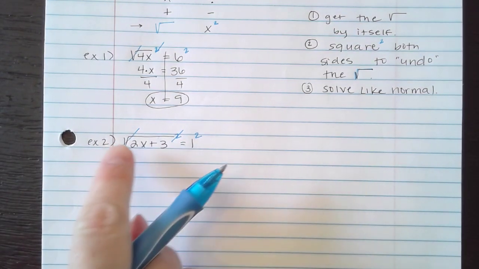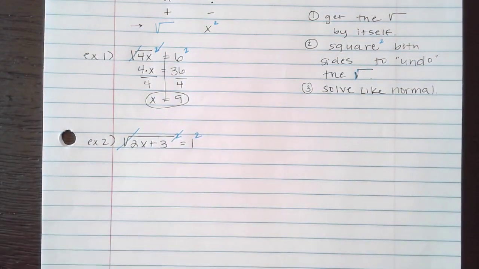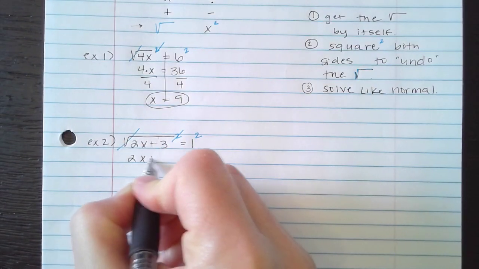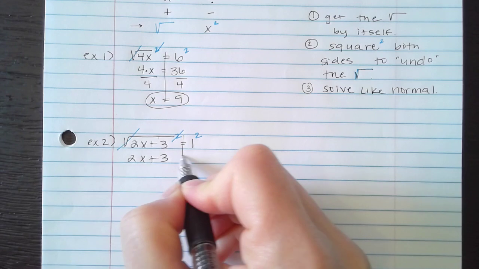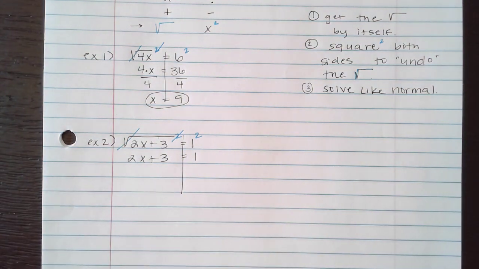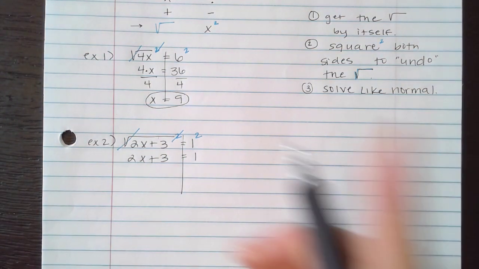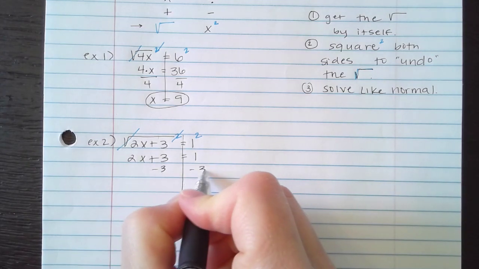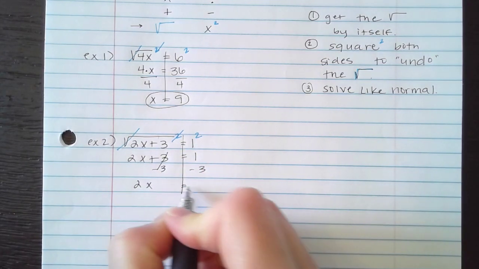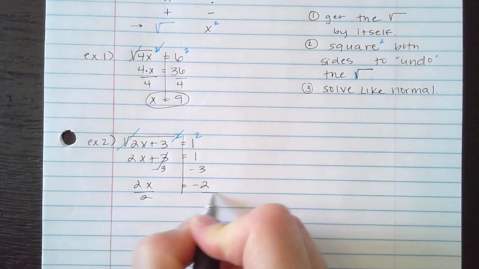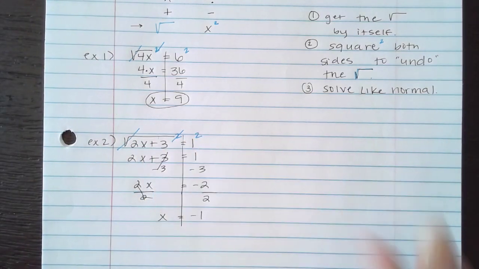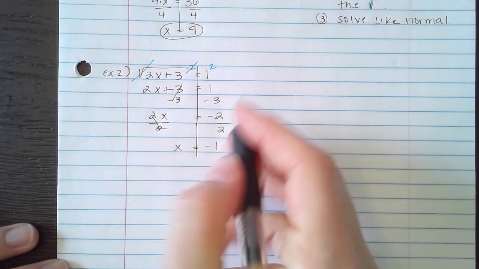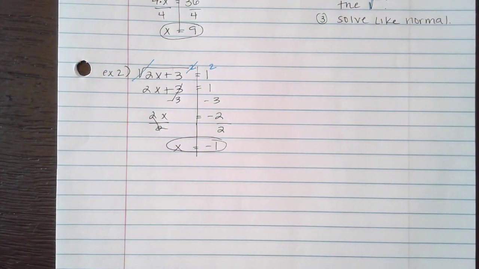So the square root of 2x plus 3 squared is just 2x plus 3. It completely goes away. And then 1 squared is, well, that's 1 times 1, which is 1. And we're going to solve like normal. I'm going to do this really quick. So we're going to solve that equation for x.